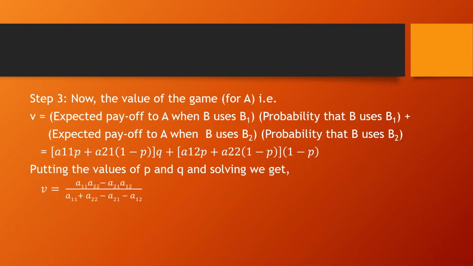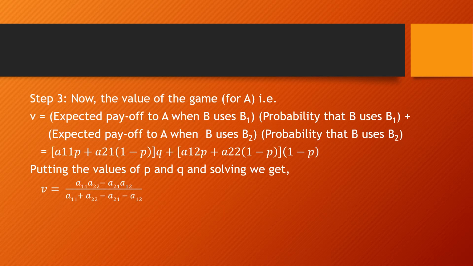So if I represent this in the formula and solve it further, I get the value of V equal to A11 multiplied by A22, so it is cross multiplication, you can see, minus A21 into A12.